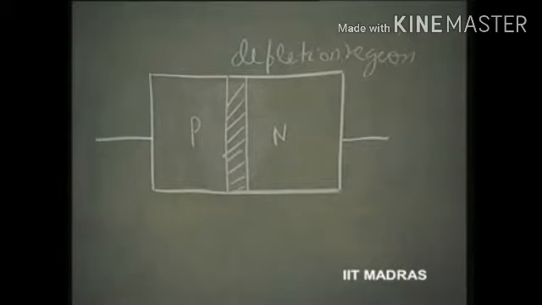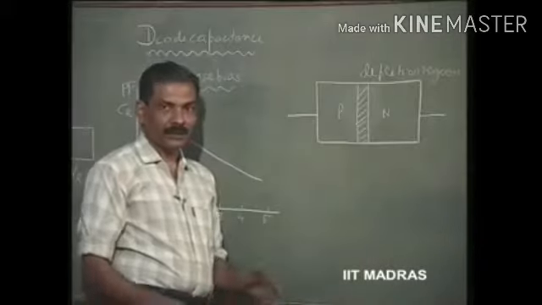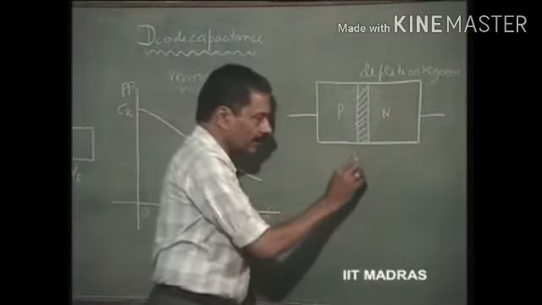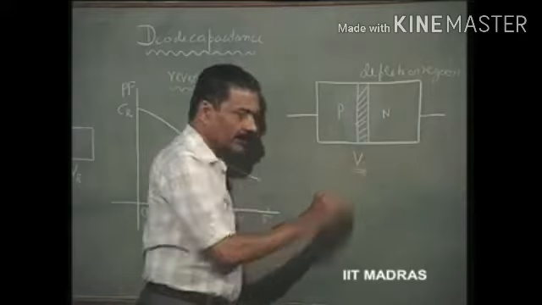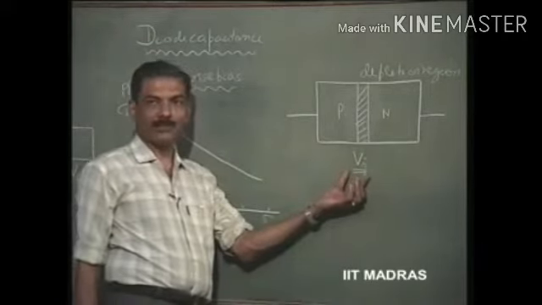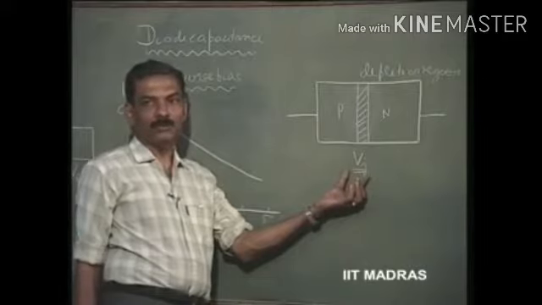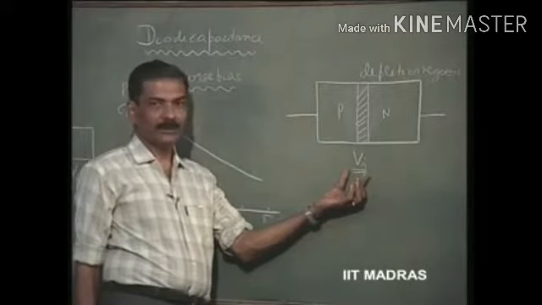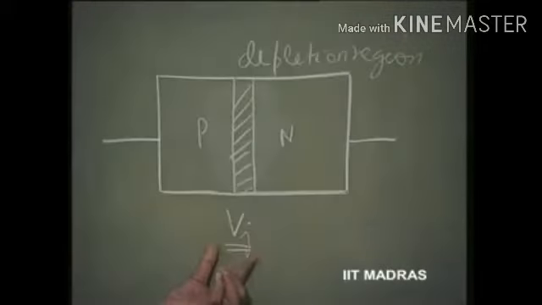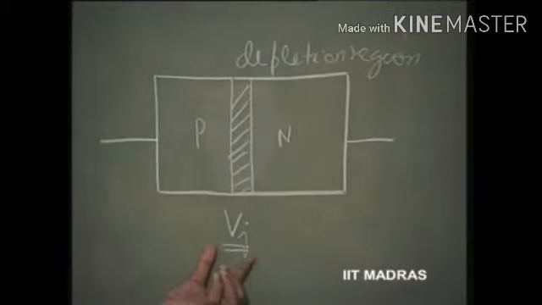Thereby it develops a potential hill. This is called the junction potential, V junction. And this V junction, according to semiconductor theory, for silicon happens to be around 0.5 to 0.7 volts, we said. That is why the semiconductor diode was not exactly close to the ideal diode.